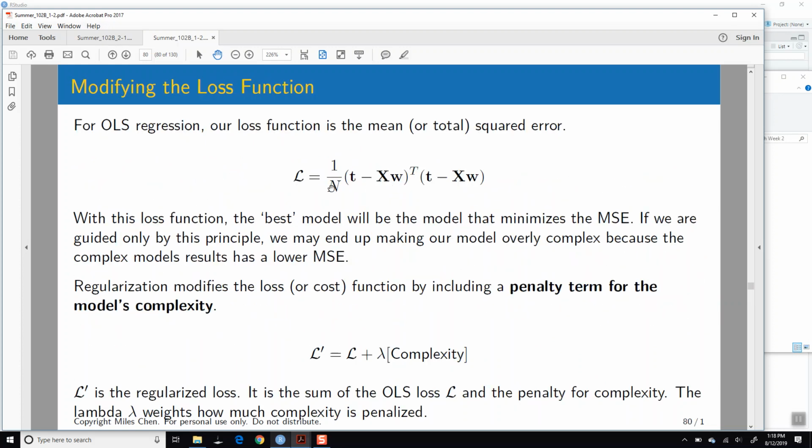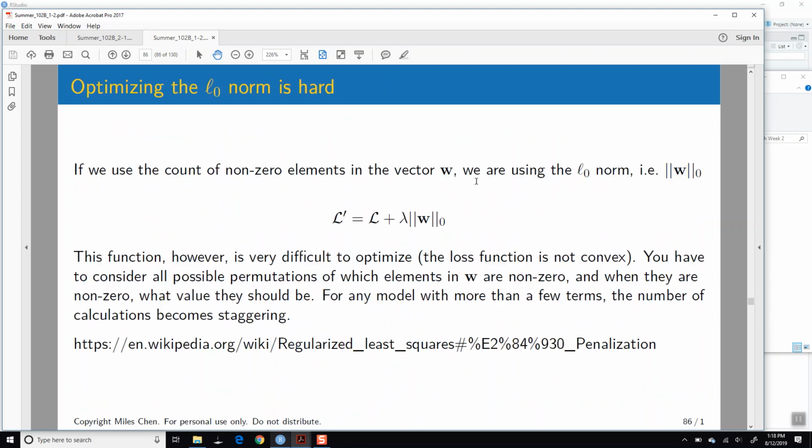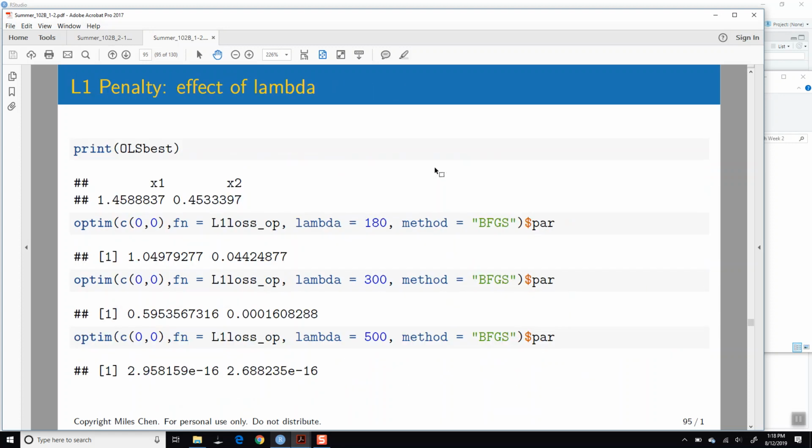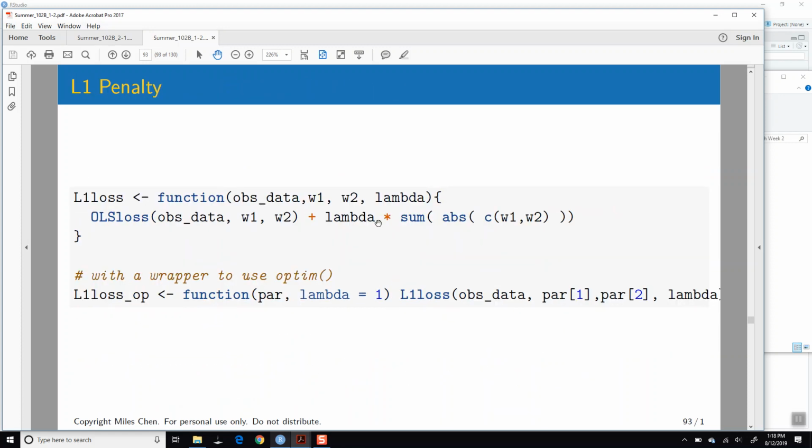I don't have the 1 over n term, but I have Z minus XW transpose times Z minus XW. Now I'm adding lambda times the L1 norm of W, which is right here: lambda times the sum of the absolute values of W1 and W2.